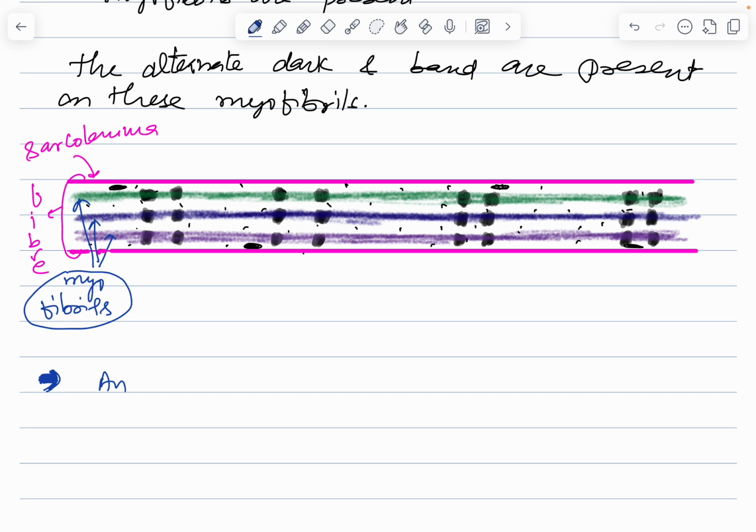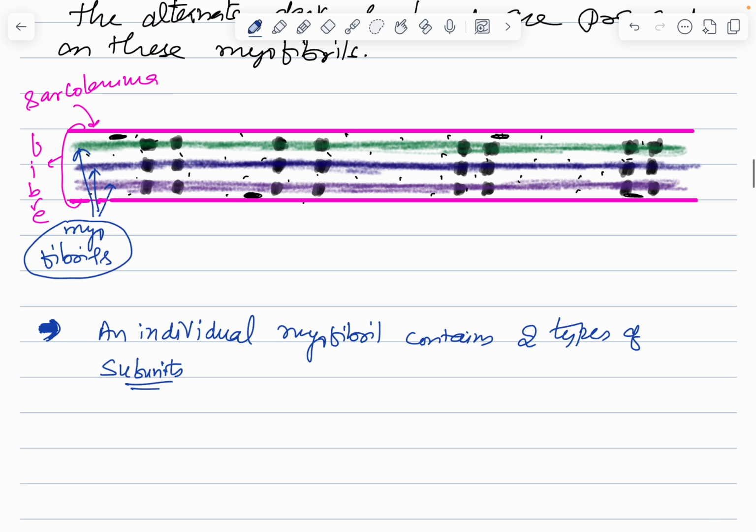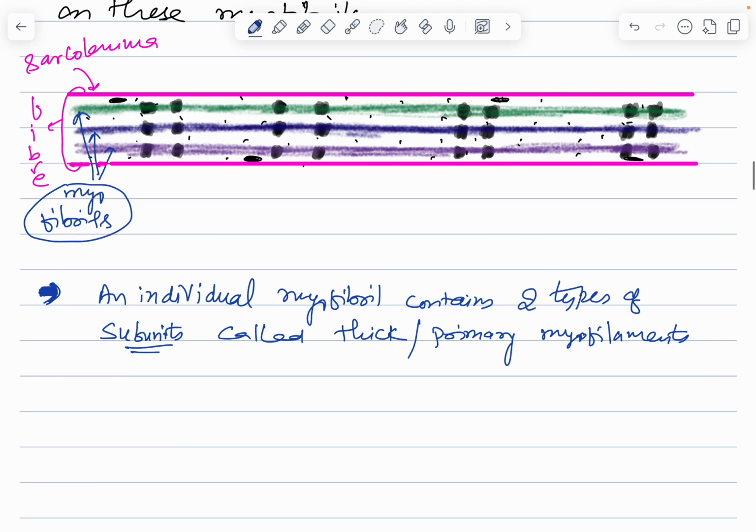If we talk about an individual myofibril, it contains two types of subunits called thick or primary myofilaments and thin or secondary myofilaments.